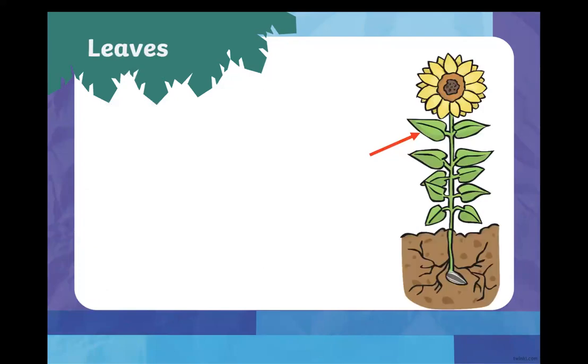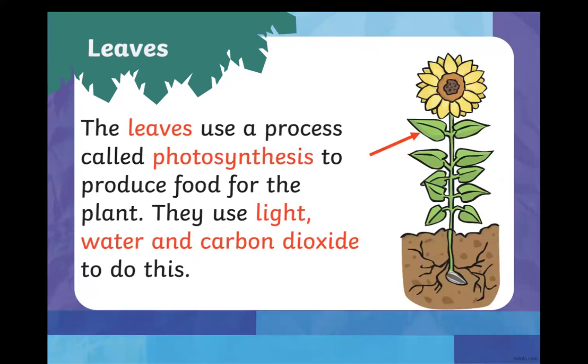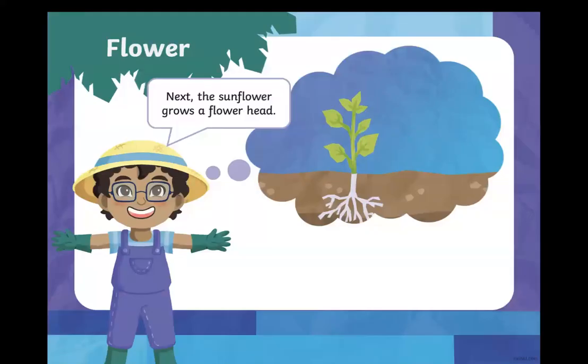The leaves, which are pointed out by the arrow, use a process called photosynthesis to produce food for the plant. They use light, water, and carbon dioxide to do this. Photosynthesis.